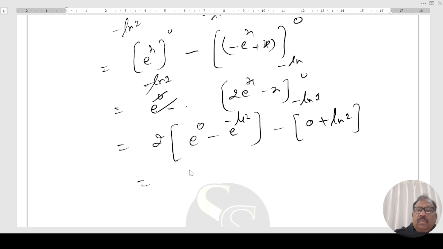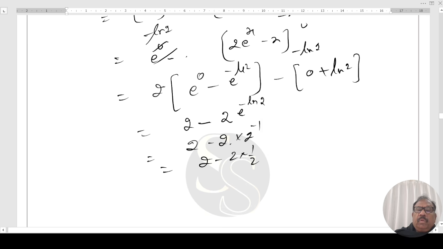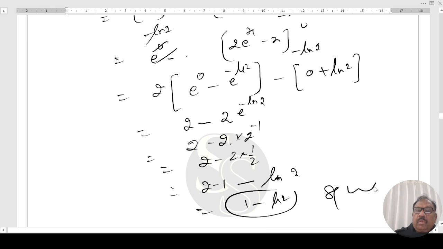Twice e to the power 0 is 1, twice minus twice into e to the power minus ln 2. This can be written twice into 2 to the power minus 1. That comes out 2 minus 2 into 1 by 2. This comes out to be 2 minus 1 minus ln 2. This comes out to be 1 minus ln 2 square units.